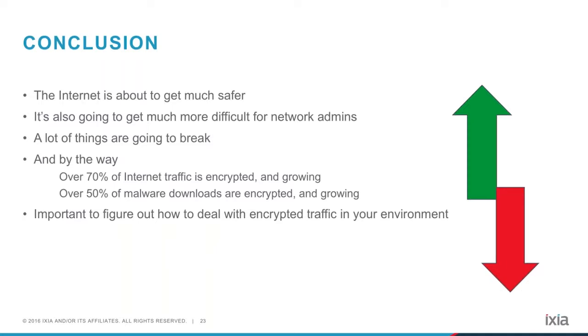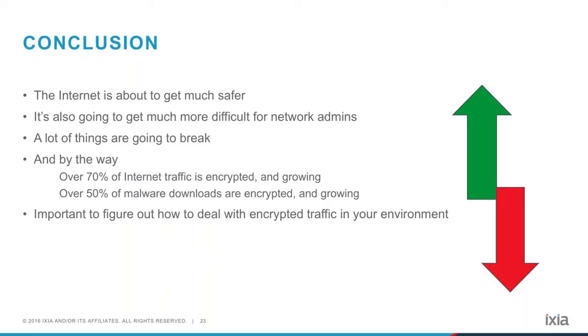And that's why it's really important to figure out how you want to deal with encryption in your environment, whether it's the inbound use case, that reverse proxy use case where things are coming in from the internet and talking to your servers, or it's the outbound use case where your users are going out to the internet and you want to make sure that you can inspect what they're doing or what they're downloading.